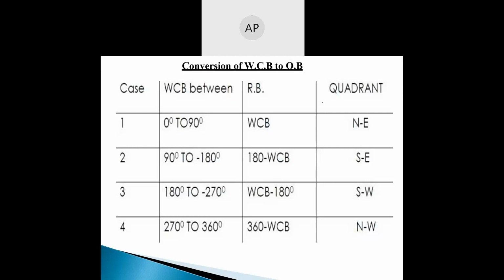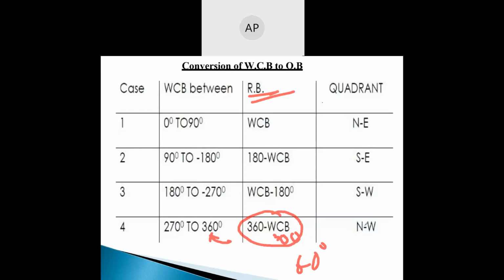If the angle we measured from A to B is, suppose, 300 degrees in whole circle bearing, then how do you convert to reduced bearing? This quadrant will lie in the northwest, and in reduced bearing we convert using this formula: 360 degrees minus that angle. Suppose 300, so it will be 60. So 60 degrees, what direction do you have to show?